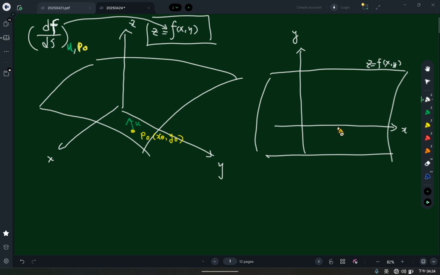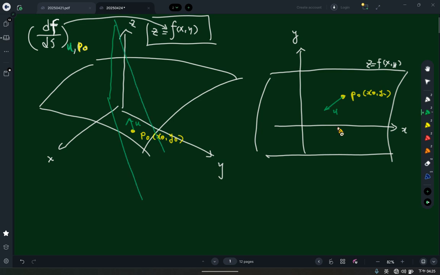So if P0 is here, and this is x0, y0, right? And then we have the u direction. Following this, we can get the cutting plane, just like this one, right?